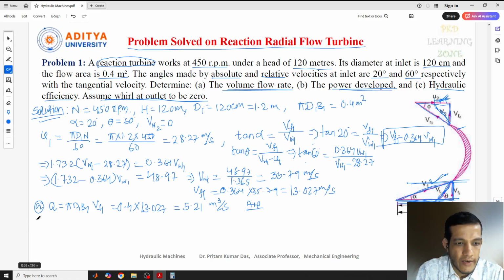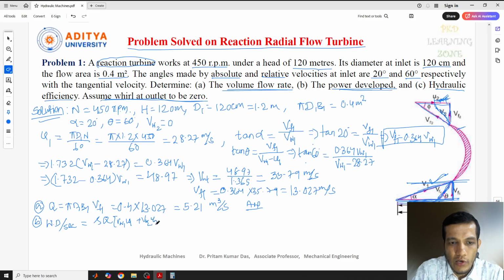The second one: before calculating the power developed, we need to calculate the work done. So I'll write the work done per second on the turbine. That equation, we know, is actually rho Q, VW1 E1 plus or minus VW2 U2, but this term is 0.